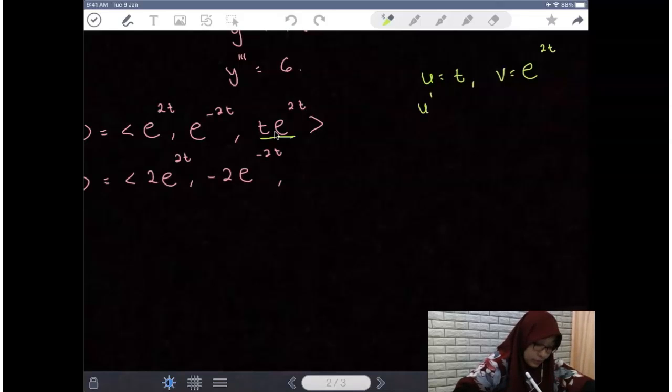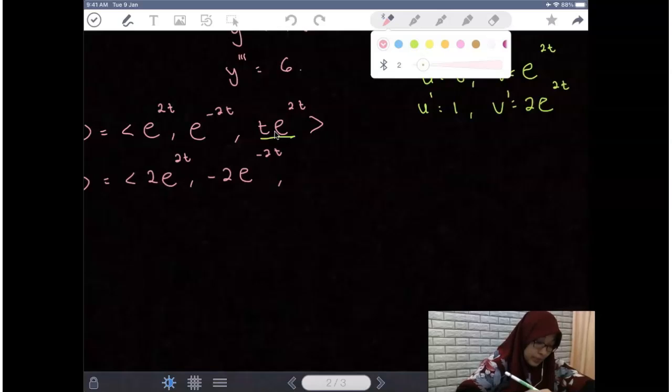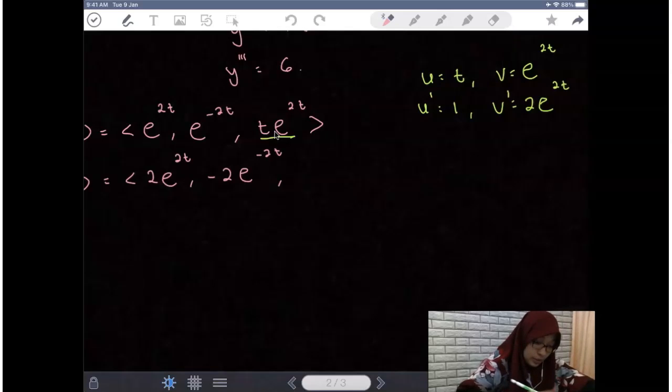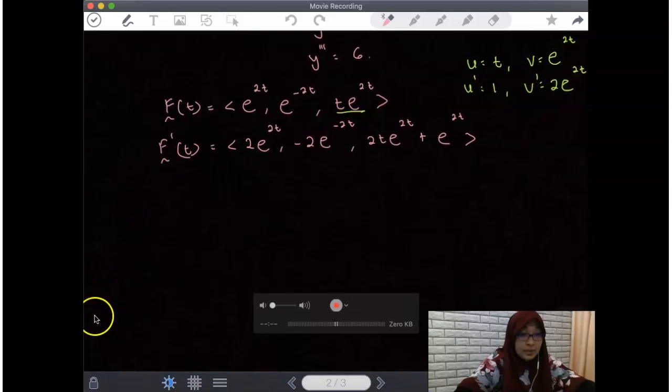So u prime, differentiating with respect to t, we got 1, and then v prime we have 2e to the 2t. Now we apply the product rule, u v prime, so 2t e to the 2t, plus v u prime, so e to the 2t. Okay, so that is the f prime.